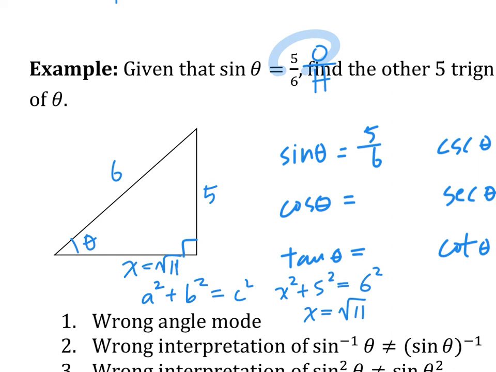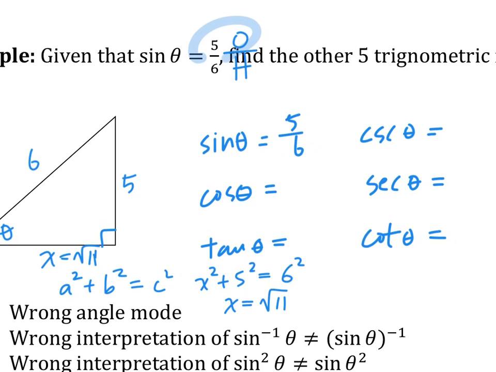All right, so now we can figure out the rest. Cosine is what side over what side? A over H, so that is root 11 over 6. Tangent is TOA, so O over A, so 5 over root 11, and we don't need to rationalize anymore. Just leave it as root 11 in the denominator.